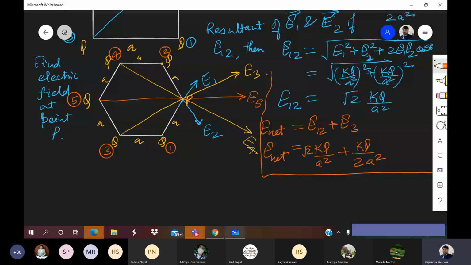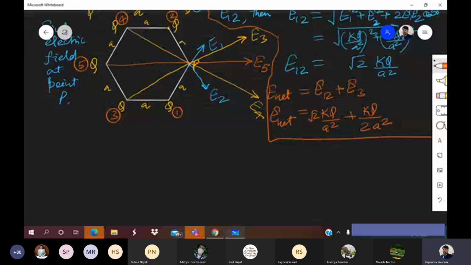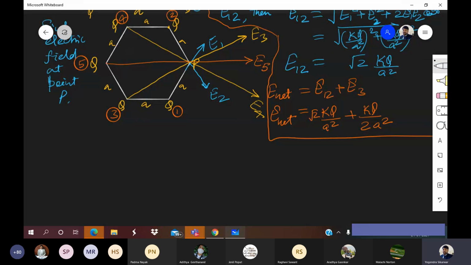So now how much is E1, how much is E2, how much is E3? Let us talk about that. E1 and E2 are equal in magnitude, and their values are KQ upon A square. Similarly, E3 and E4 will be equal.